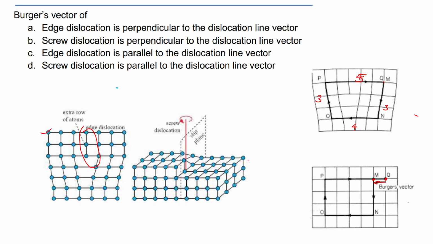For edge dislocation it will be perpendicular, and for a screw dislocation it will be parallel. So here the answers will be option A and option D.